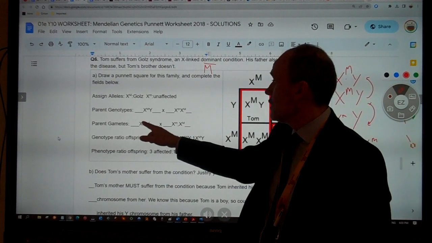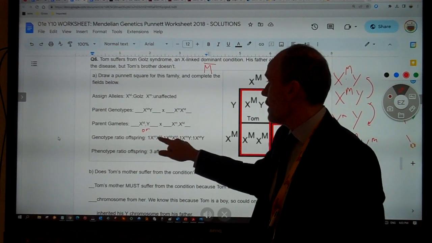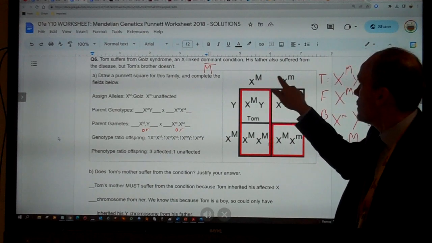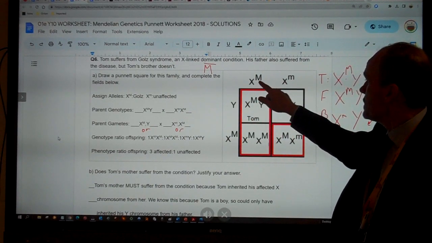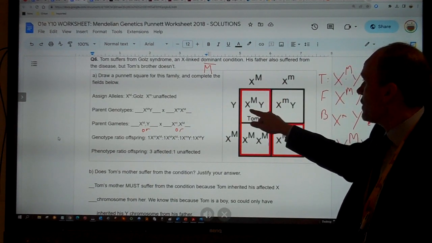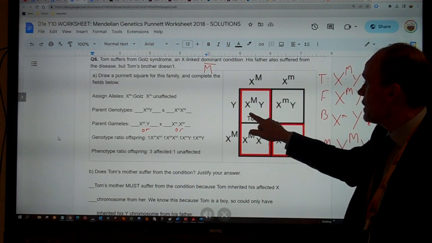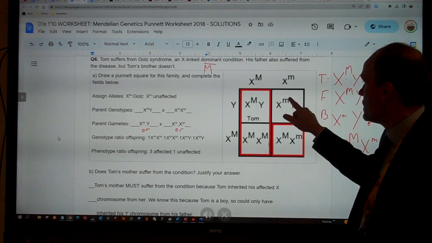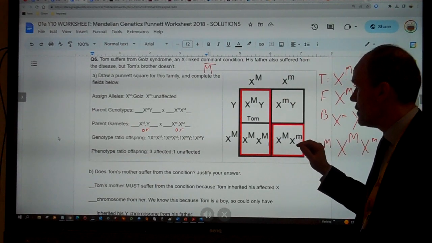Parent gametes, you can pass on one or the other, and you fill in your Punnett square. So here's X, big M, Y, an affected son, Tom. X, little m, Y, this is his brother, that is unaffected.